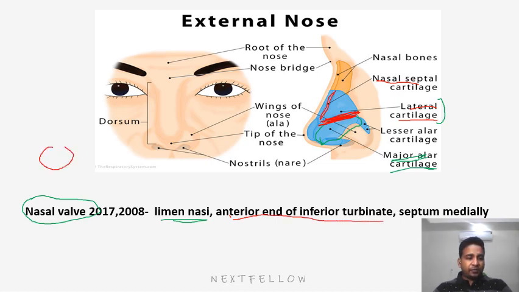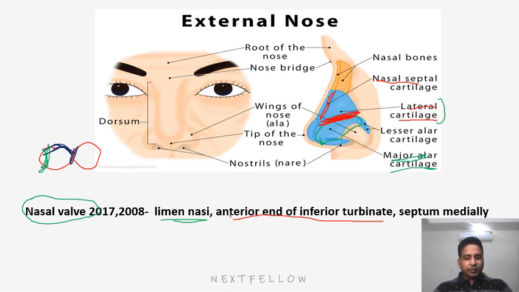Suppose this is my one nostril and this is my other nostril. So in the midline there will be septum. From above it is the lower end of upper lateral cartilage, and from the side it is the turbinate, anterior most part, inferior turbinate anterior most part.